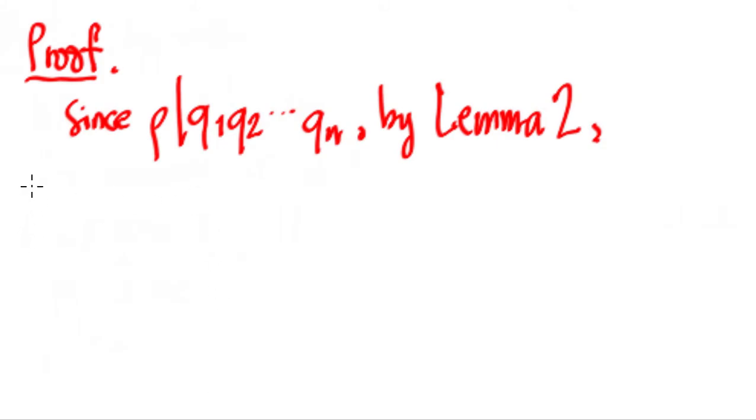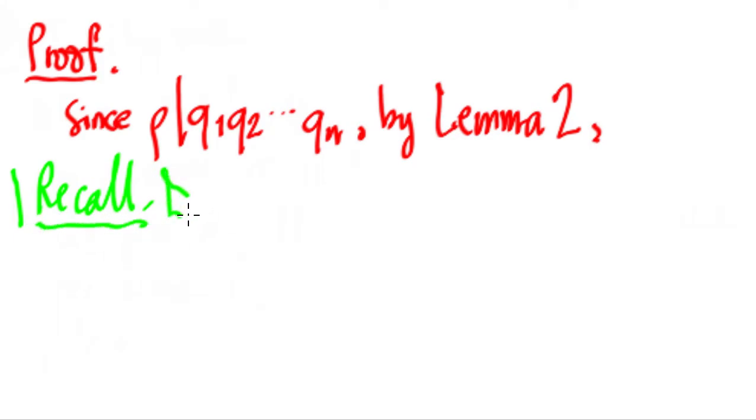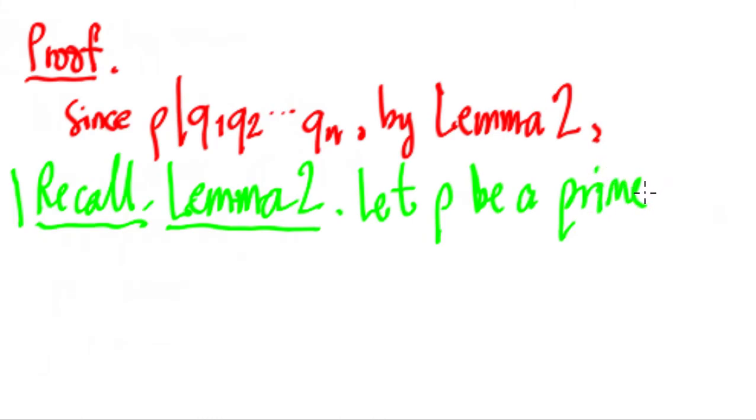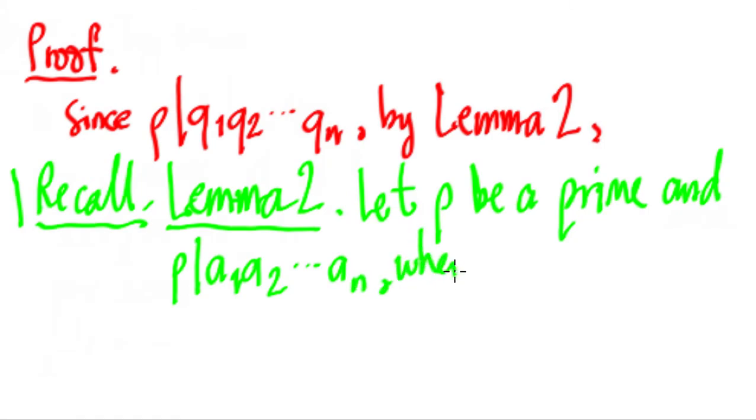Let's recall this is lemma 2. It states that let P be a prime, and P divides a sub 1 times a sub 2 up until a sub n, where a sub 1, a sub 2 up until a sub n are all positive integers.